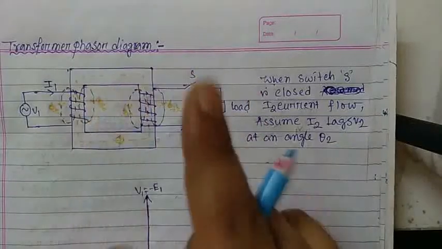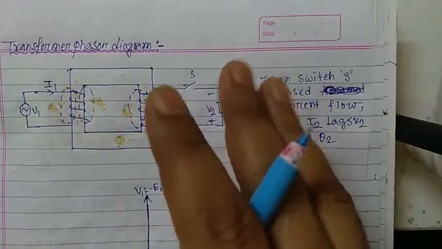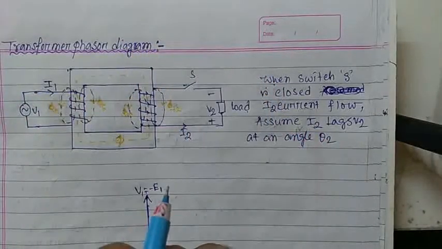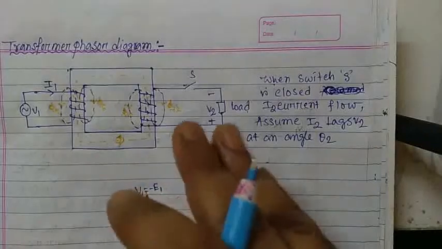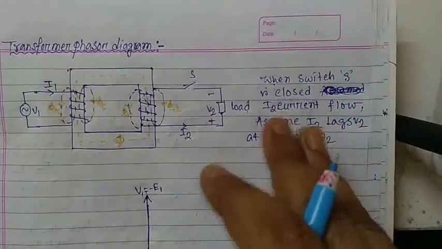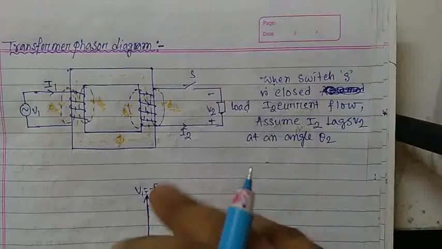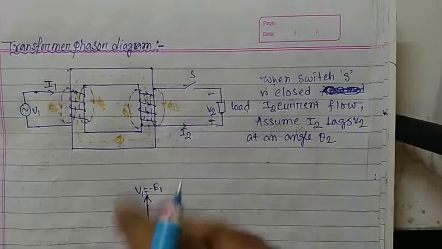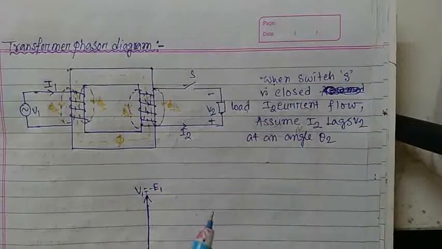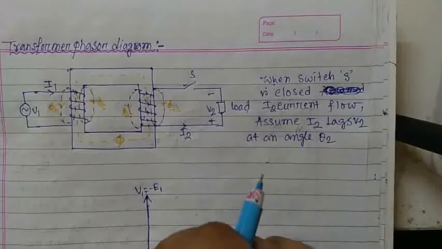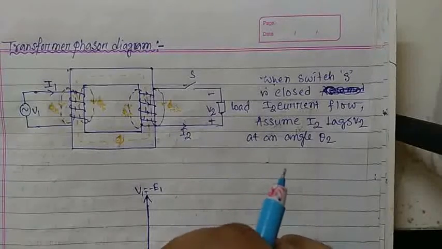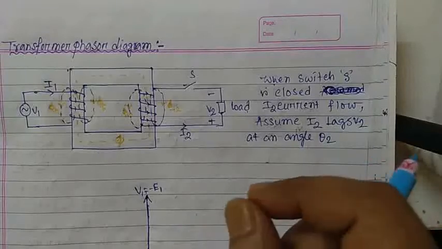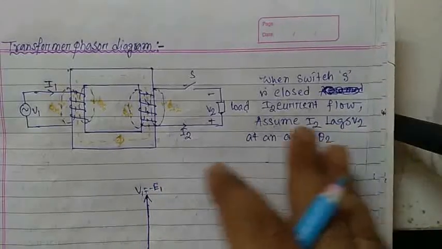Remember that in a phasor diagram, all quantities are drawn at the same frequency. So higher order harmonics cannot be presented in a phasor diagram. That's why we take the transformer core magnetization curve as linear, but in actual practice it is not linear.